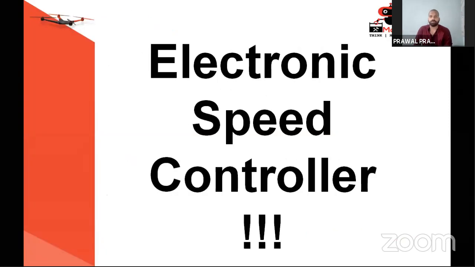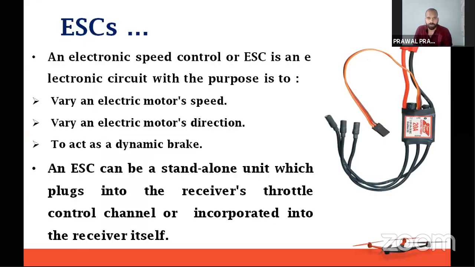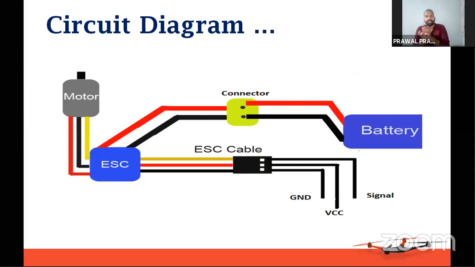Okay. Then most important, the electronic speed controller. So beta, the electronic speed controller is one small device, and its role is to take a signal from the controller and then calculate: I am receiving this much voltage, so I will give this much speed to the motor.